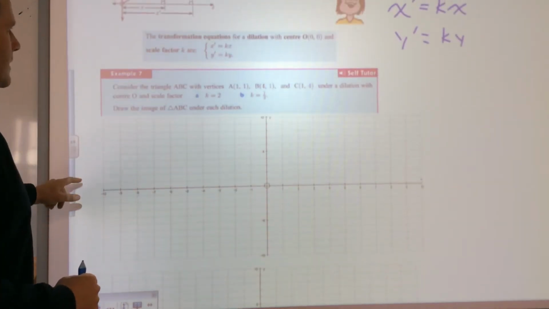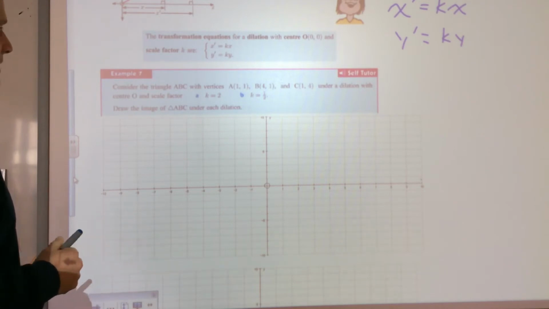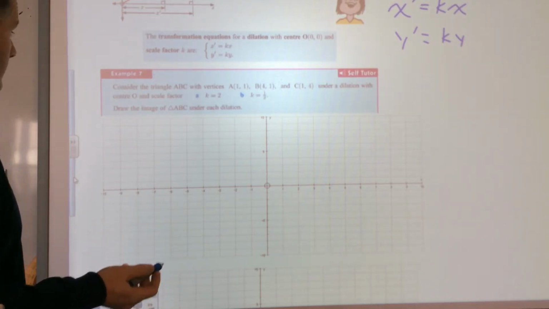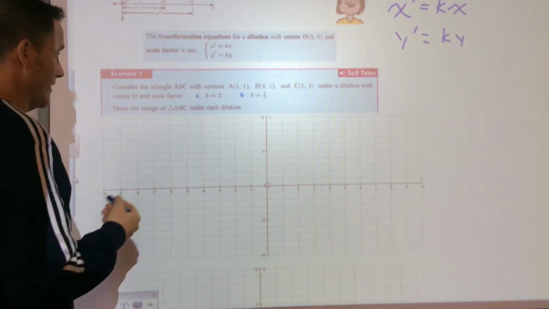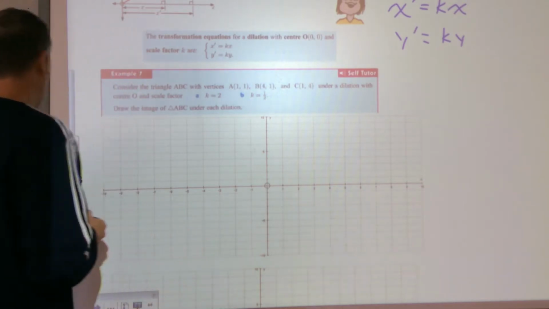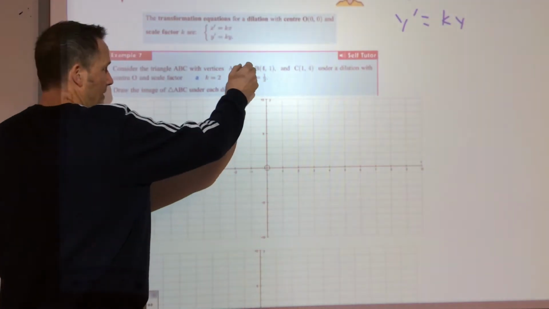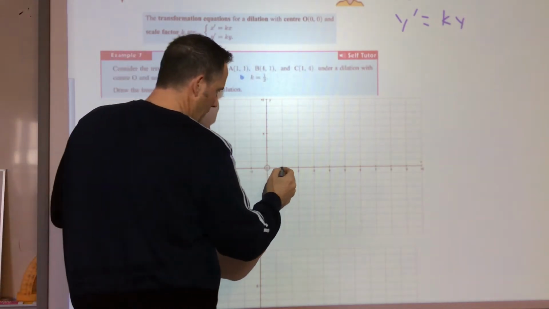Now, consider triangle ABC with vertices (1, 1), (4, 1), (1, 4) under dilation with center at the origin and scale factor as follows. So I'll do A in blue. So we get the point, this A is (1, 1), right here.